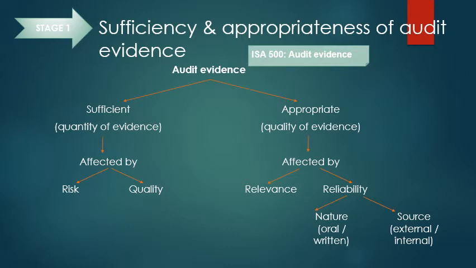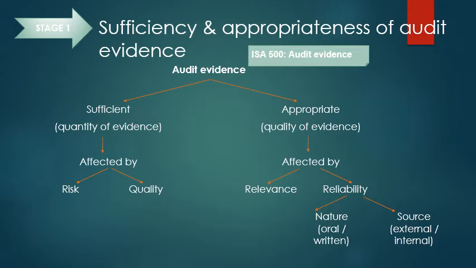When we look at the appropriateness of your audit evidence, here we focus more on the quality of evidence that was gathered. And the quality of your audit evidence is affected by the relevance of that evidence as well as the reliability.